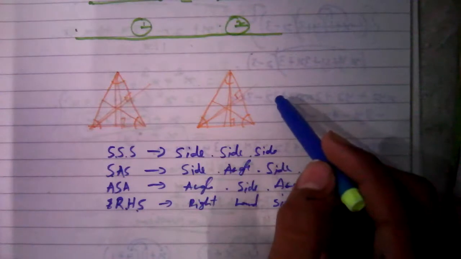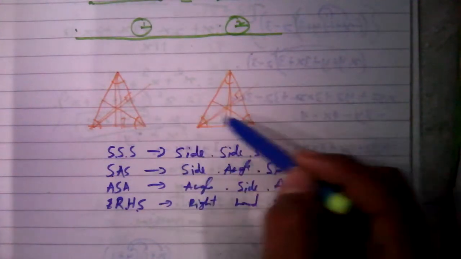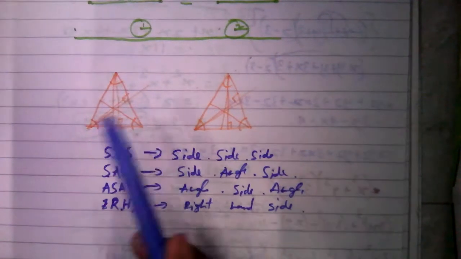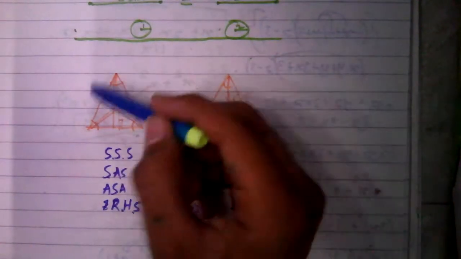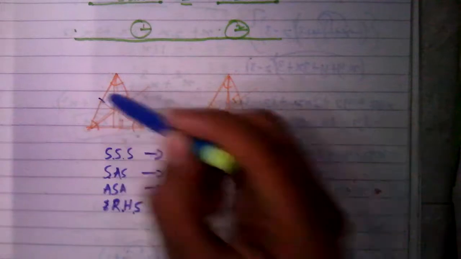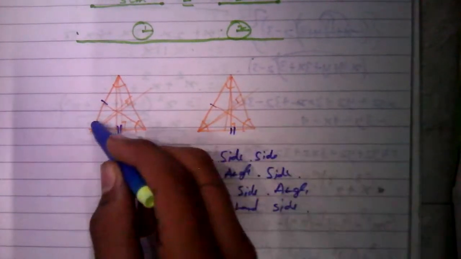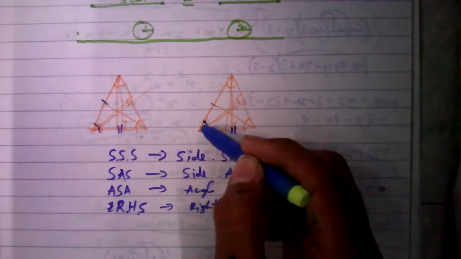If this is applicable for these two triangles, then the two triangles are said to be congruent. Similarly, SAS means a side, an angle and a side. That means these two sides are equal and the corresponding angle is equal.